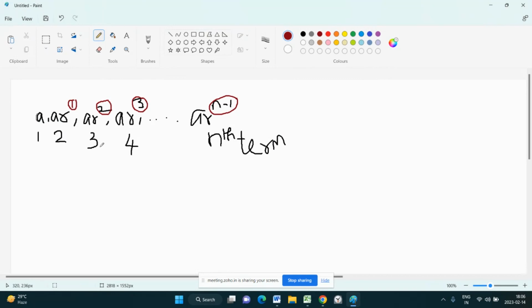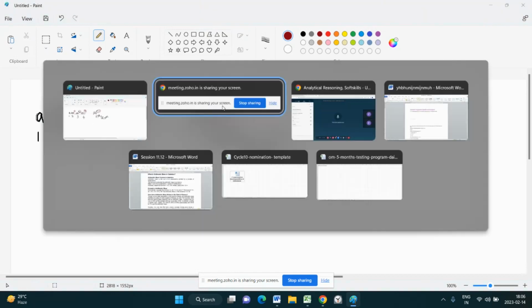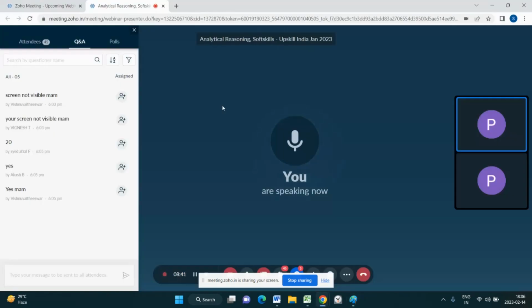When it is the third term, the power is 3 minus 1. So when it is the nth term, the power is n minus 1. Do you all agree with this? Okay, very good.